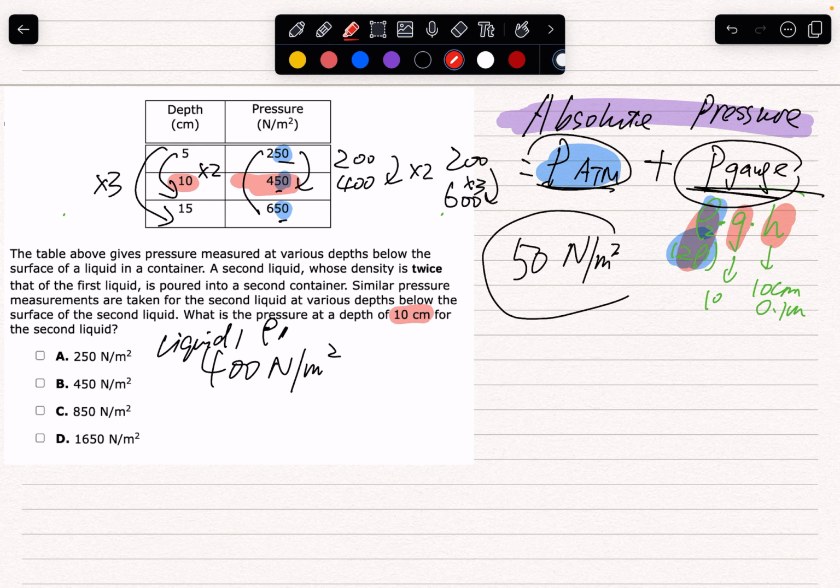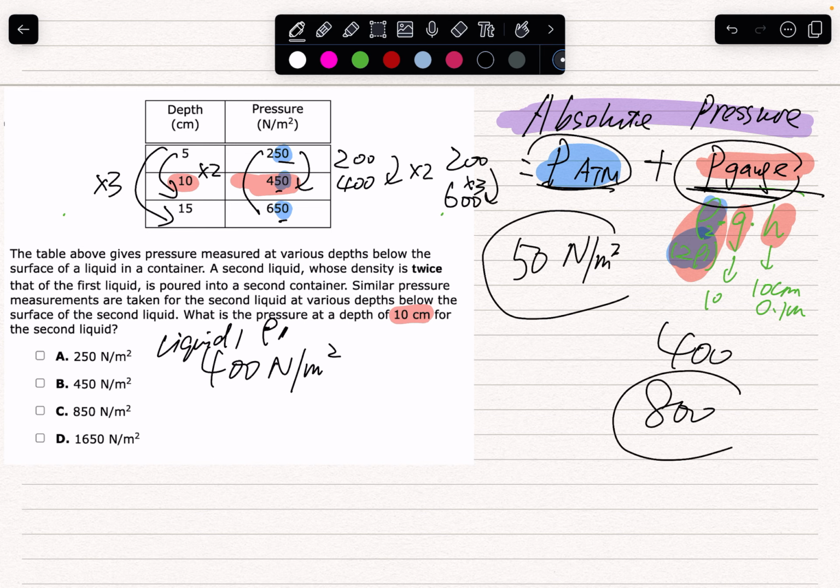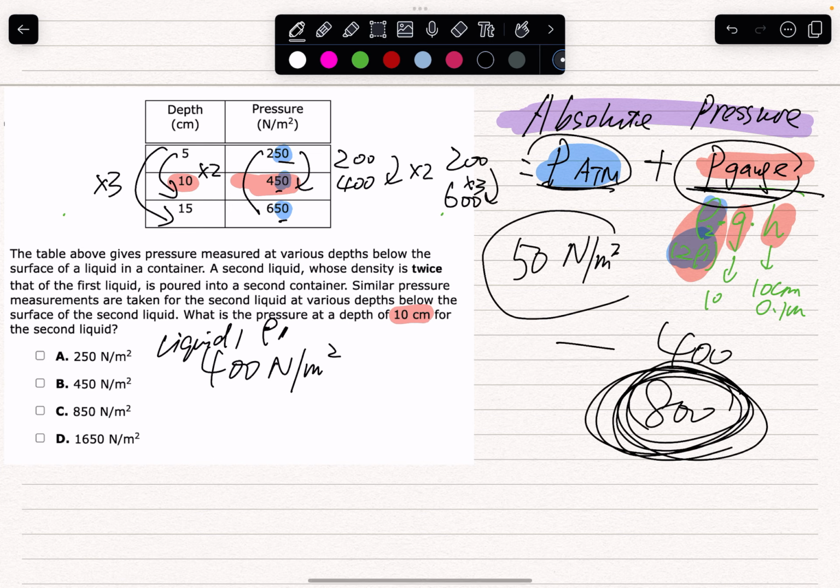But my density really doubled, which means my gauge pressure is doubled. So the gauge pressure of liquid 1 is 400, and if I double it, it's 800. That's the gauge pressure felt by the second container at the 10 centimeter depth. So you just do 50 plus 800. See, voila. That's a real voila.